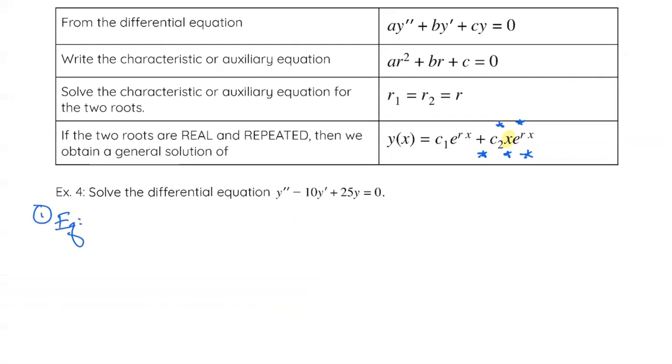We notice that all the coefficients are real and they are constant. And so we can write a characteristic equation that is r squared minus 10r plus 25 equals 0.